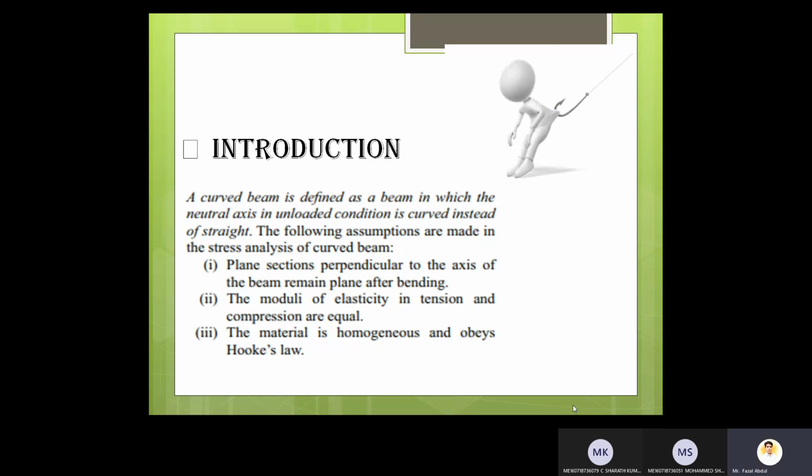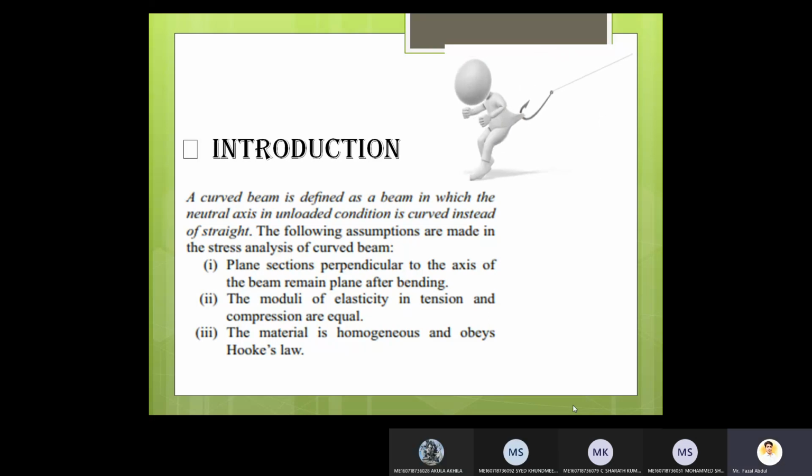The assumptions made for bending stresses in beams are that the material of the beam is perfectly homogeneous and isotropic, the material obeys Hooke's law, and the transverse section, which is plane before bending, remains plane after bending. These are all things you studied in mechanics of material, and the equation also.